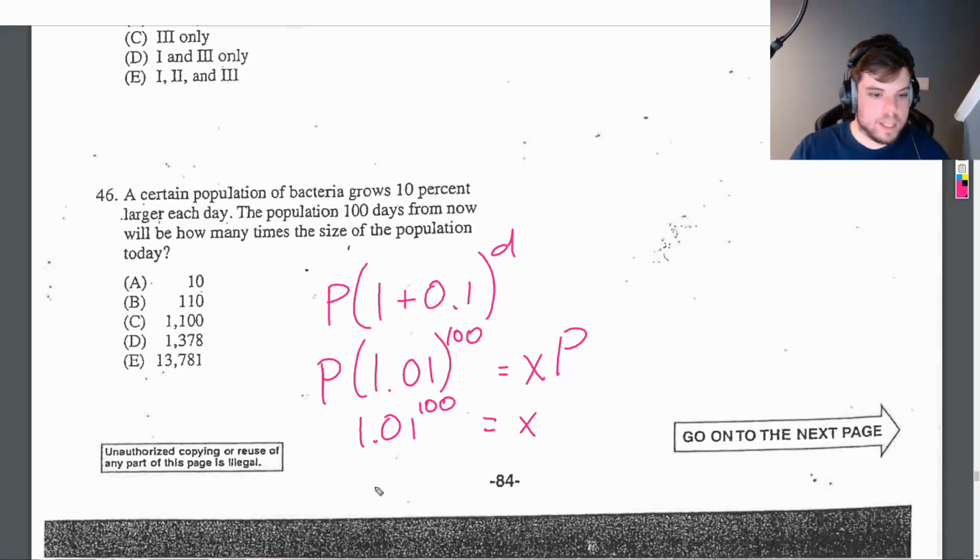And this means that, well, yeah, we can just use your calculator. 1.01 to the 100th power is 2.7048.